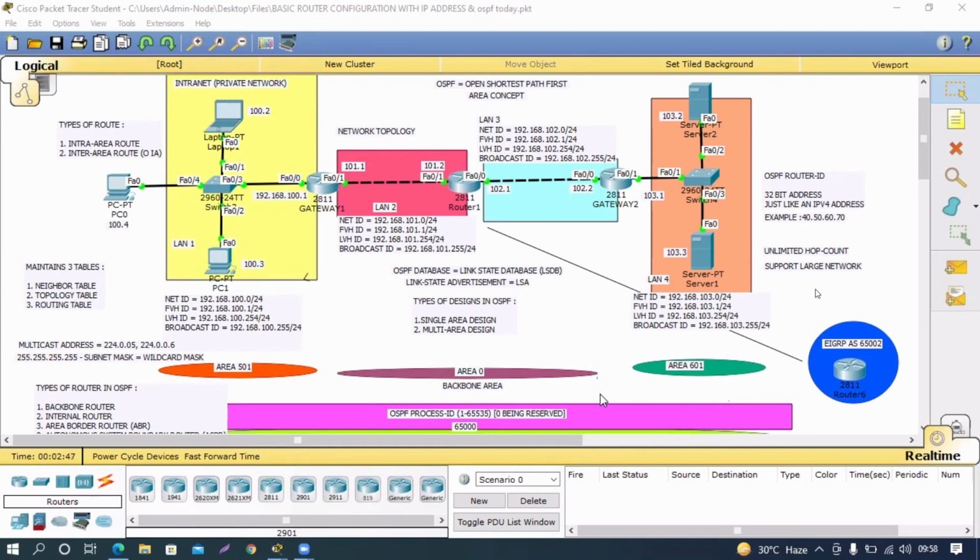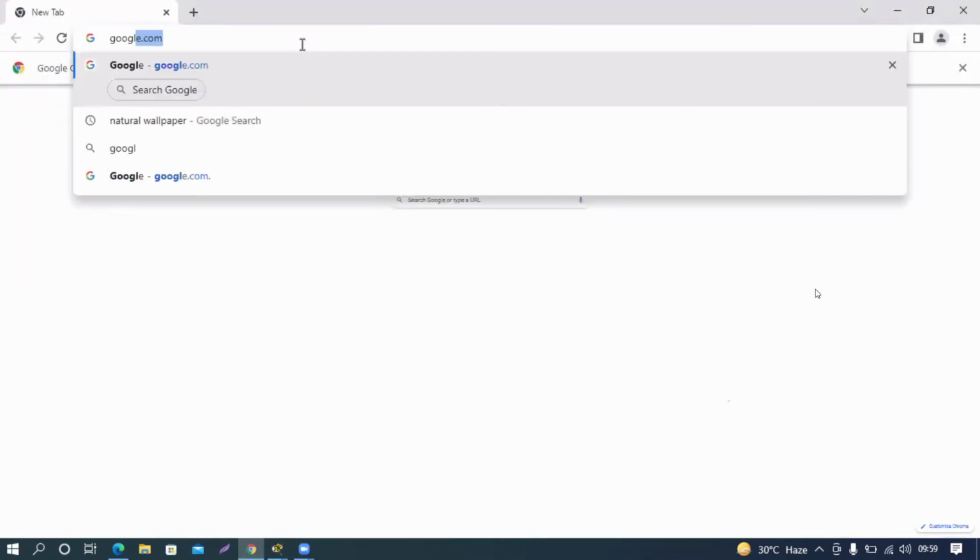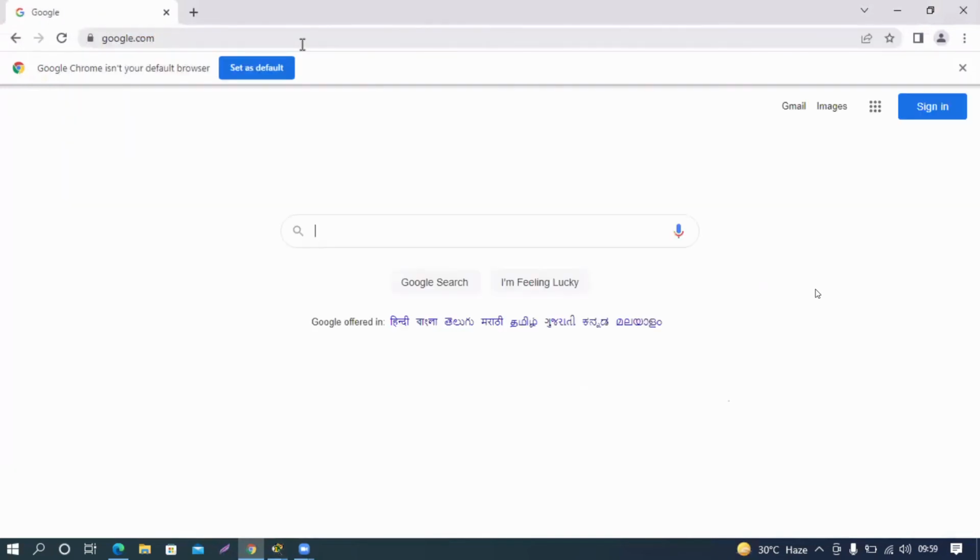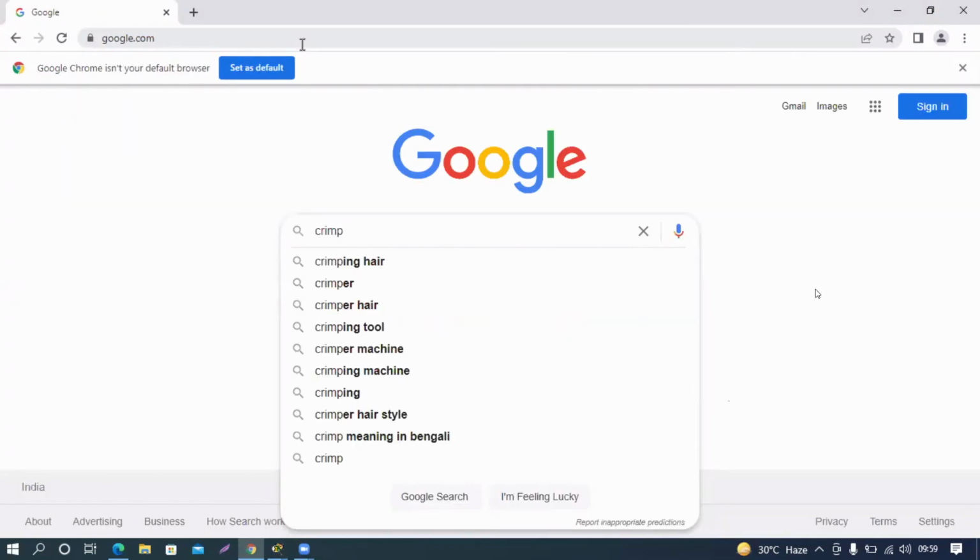But if you want to, you need the color coding and the connector, which you have to purchase, and you need a crimping machine. You can simply search on Google for the crimping machine.